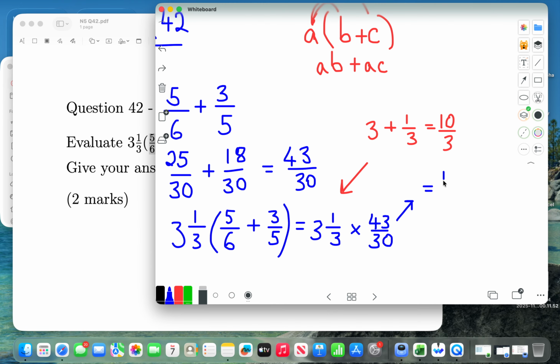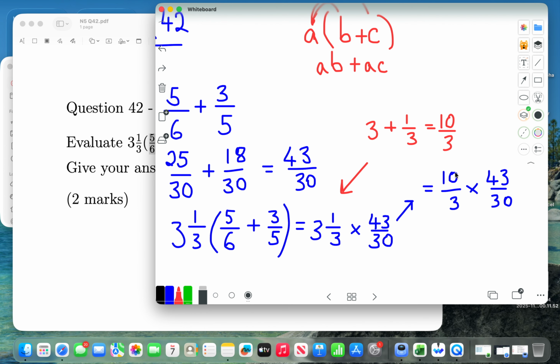So this is 10 over 3 multiplied by 43 over 30. Now we want to look at the numerator of the left fraction and the denominator of the right one and cancel out the highest common factor.